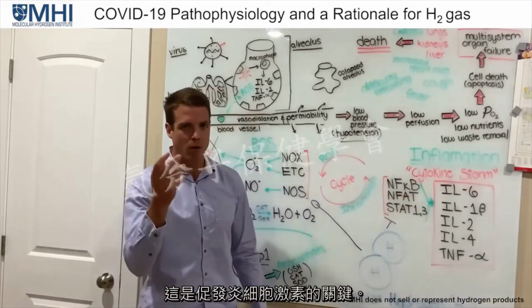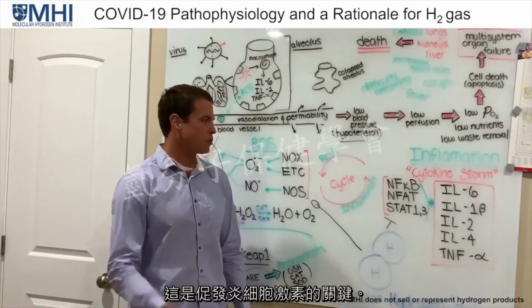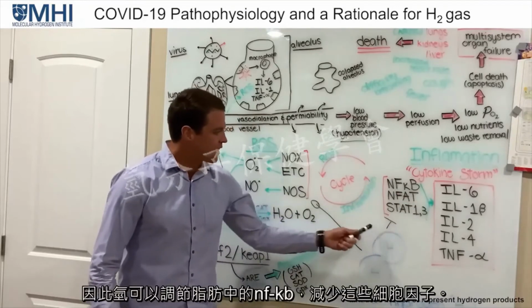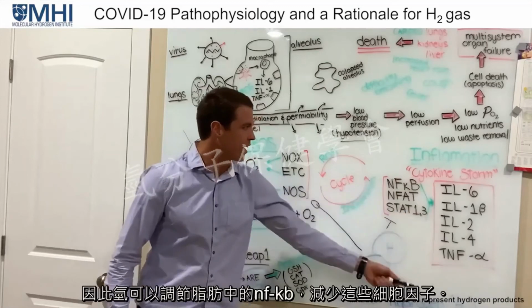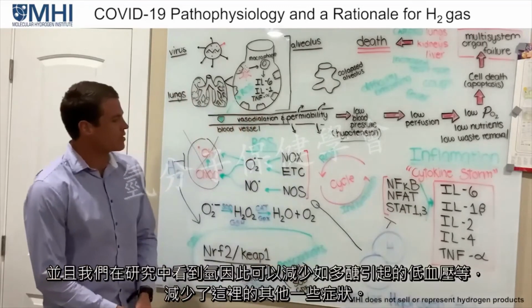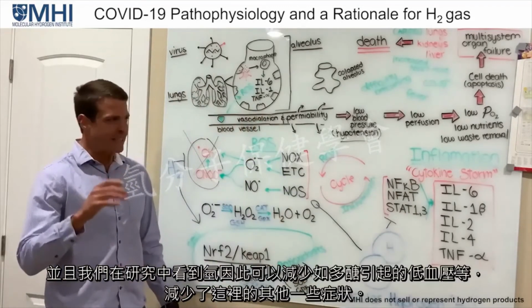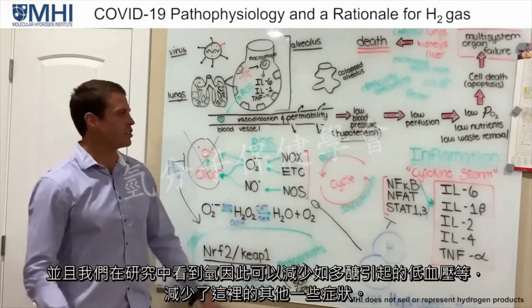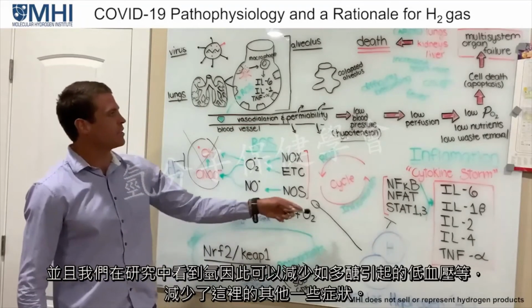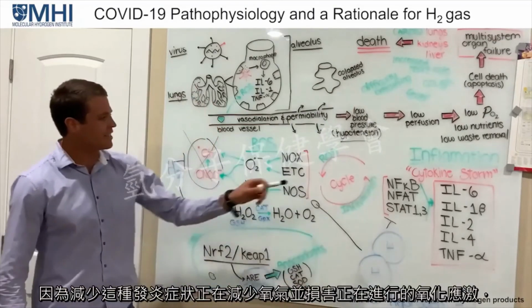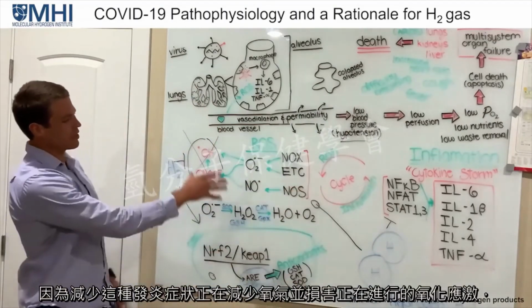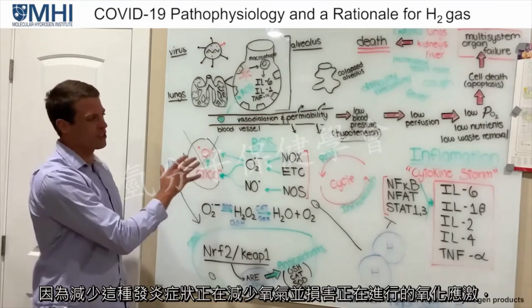That's a very potent pro-inflammatory cytokine. So hydrogen can regulate NF-κB, NFAT. It's going to decrease these cytokines. And we're seeing in the research that hydrogen can therefore decrease, for example, lipopolysaccharide-induced hypotension, decreasing some of these other symptomology here because it's decreasing this inflammation, it's decreasing the oxidative damage, the oxidative stress that's going on.